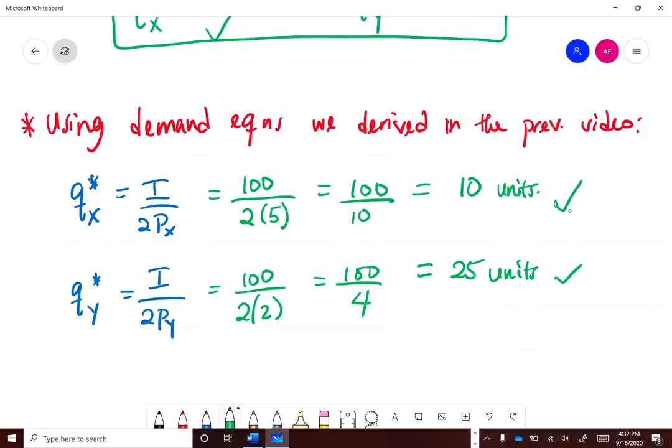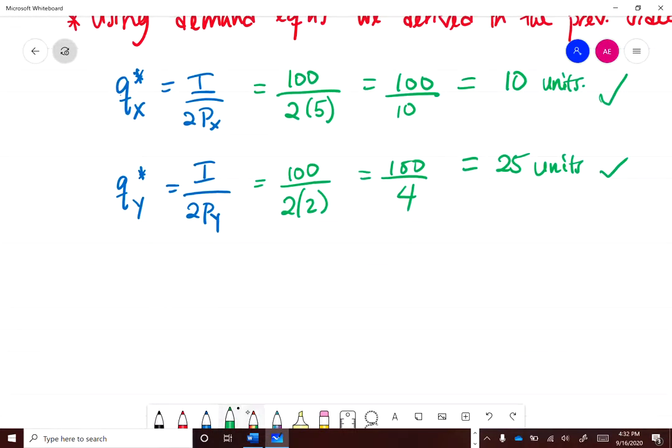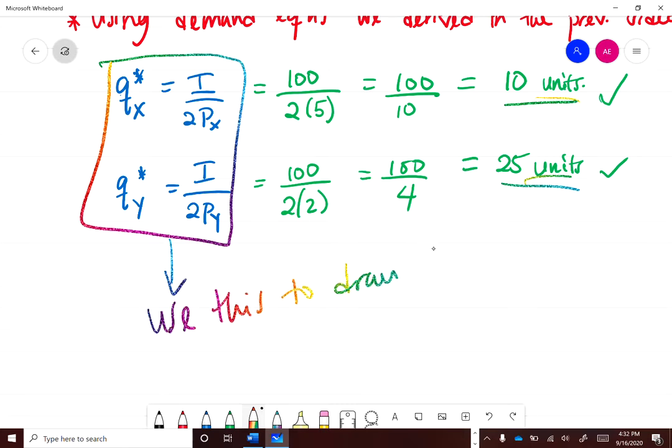Again, check, given what we found earlier. The reason we need this equation, and given the ease at which we can find these units, is that we can use this, oh, my computer's glitching. We can use this to draw the demand functions, which is going to be in the next video.